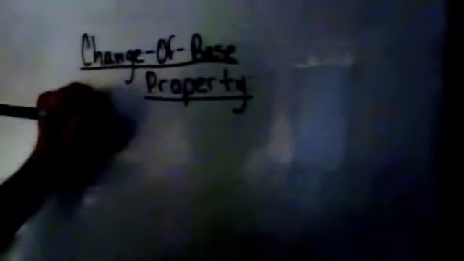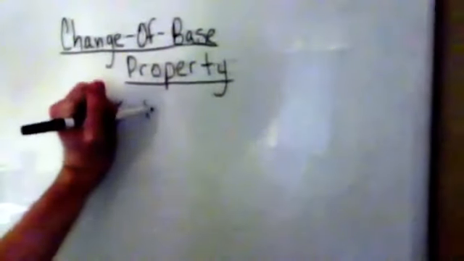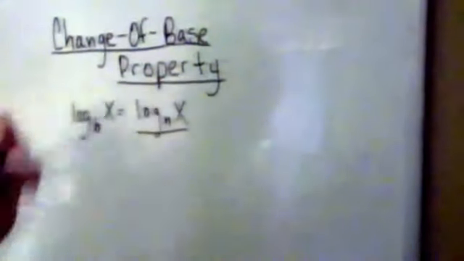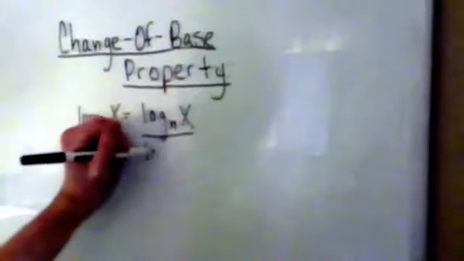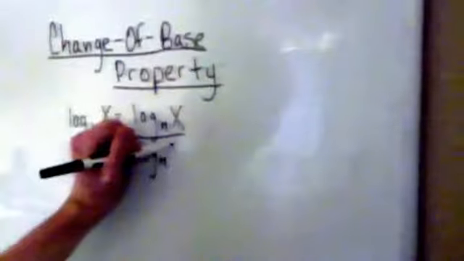So the change of base property says that the logarithm of a number, or log base b of x, can be represented as the logarithm of the original number with any new base, or log base n of x, over the logarithm of the old base with the new base, or log base n of b.